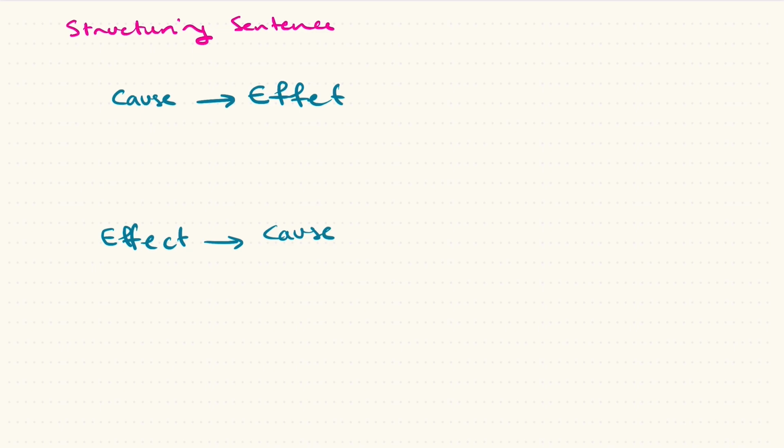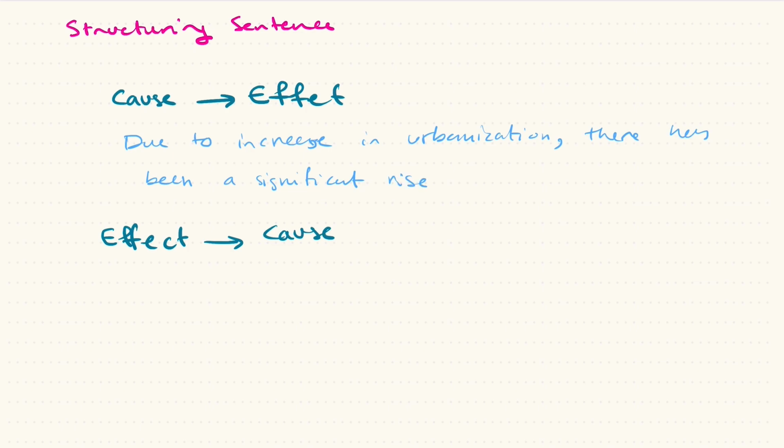So, for example, you can say, due to increase in urbanization, comma, there has been a significant rise in air pollution. You can see the cause is the increase in urbanization. And what is the effect? Significant rise in air pollution.